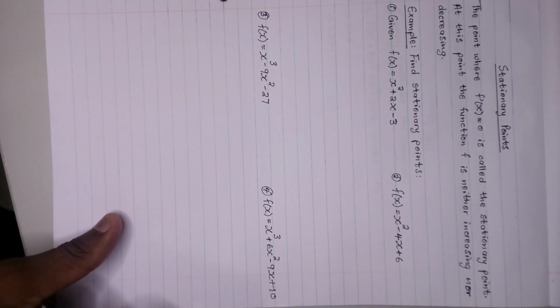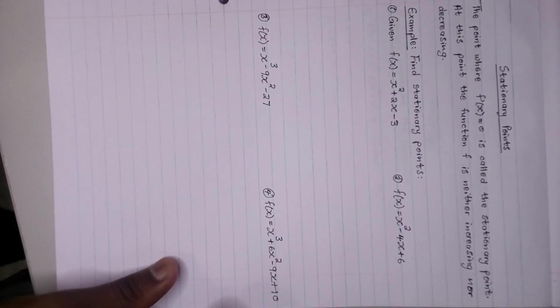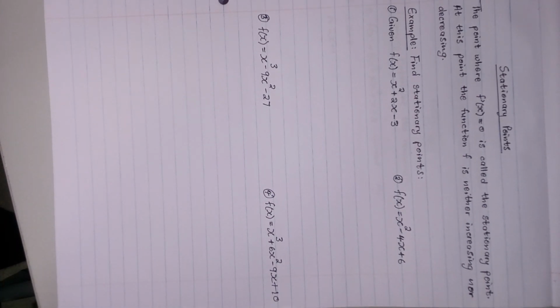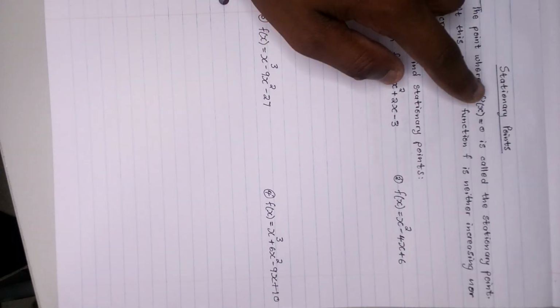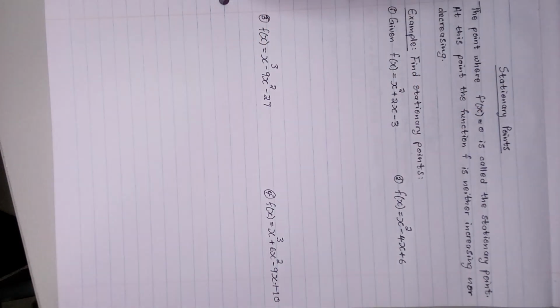In calculus there are various ways to find a stationary point, but I'm going to show you one of them. The point where f prime of x is equal to 0 is called the stationary point.